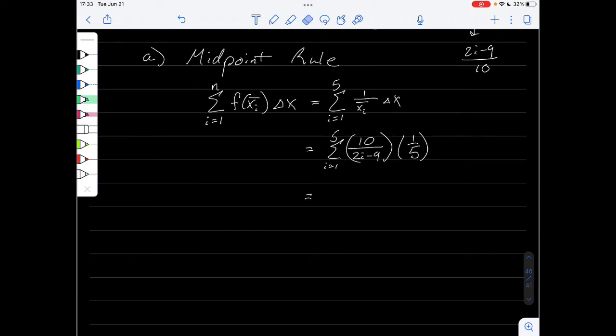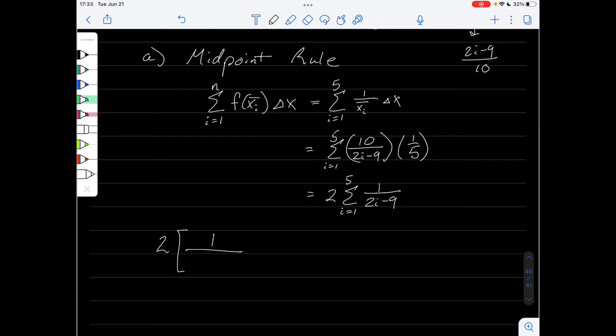So this, we just plug in I equals 1, 2, 3, 4, and 5. And we can actually simplify this a little bit more. So the 10 and the 5 reduce to a 2. That's a constant, we can pull it out. So this is 2 times the sum from 1 to 5 of 1 over 2I minus 9. So we're just going to figure out what this sum is.